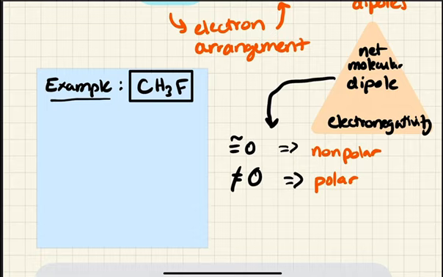So if you look at the periodic table based on the groups that each of these elements are found in, you'll remember that carbon has 4 valence electrons, hydrogens each have 1, and we have 3 of them here, and fluorine has 7 valence electrons. So this gives us a total of 14 valence electrons to work with.